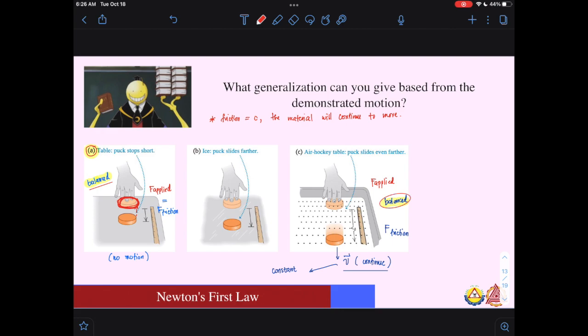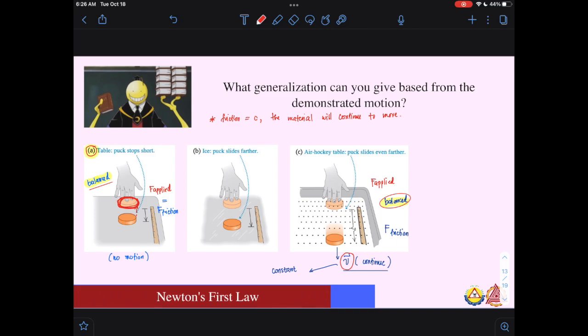We knew from our previous discussion that it will continue to move at a constant velocity V. Meaning to say, magpadayon na siya lihok forever with a velocity V as long as nag-balance ang two forces. And it will not stop.